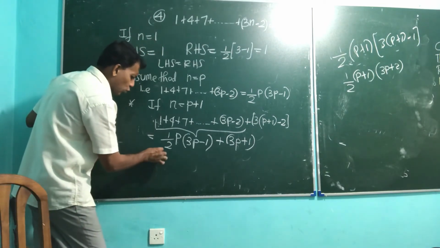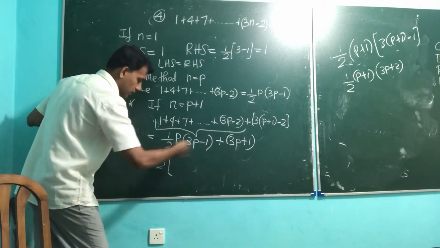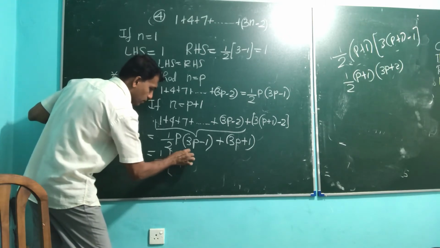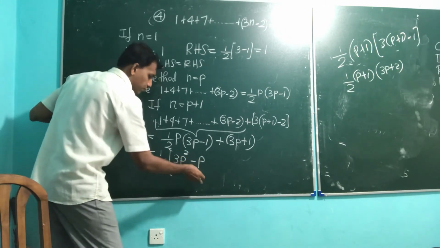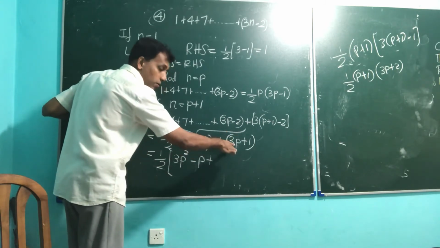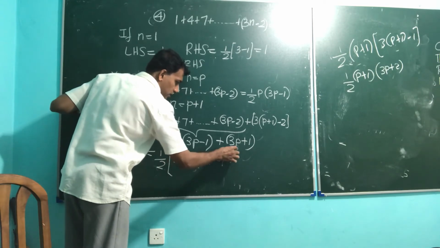Can I take the 2 out? Take the 2 out. Multiply 3p square minus p. Here multiply by 2, here no 2, multiply by 2, right? 6p plus 2.